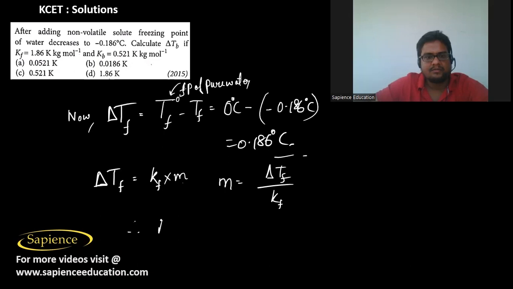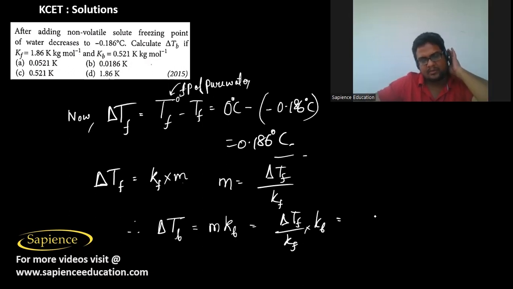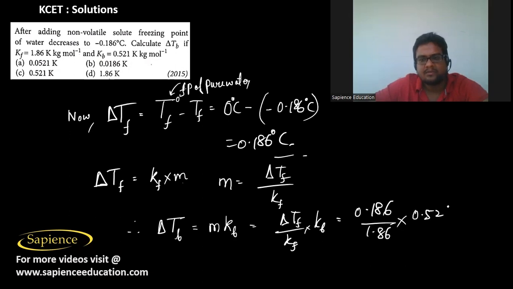Now we also have to calculate delta TB, which is the elevation in the boiling point. That will be equal to m into KB, so equal to delta TF by KF into KB. So delta TF is 0.186 by KF, that is 1.86, and KB, that is 0.521.